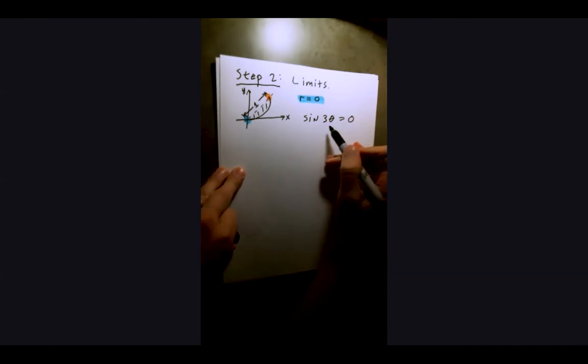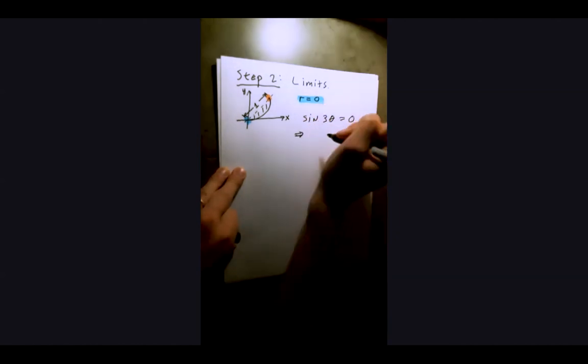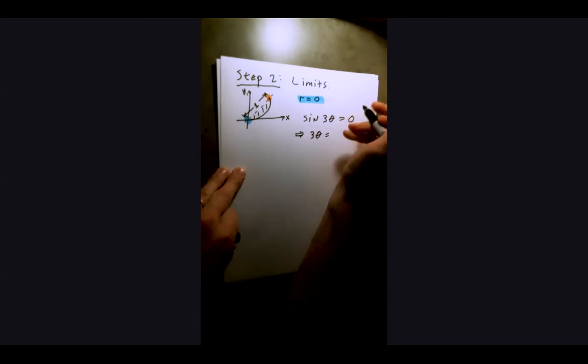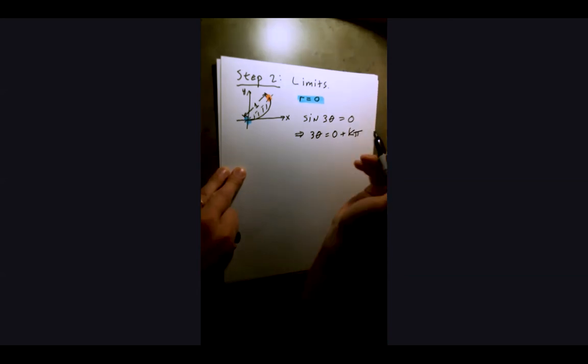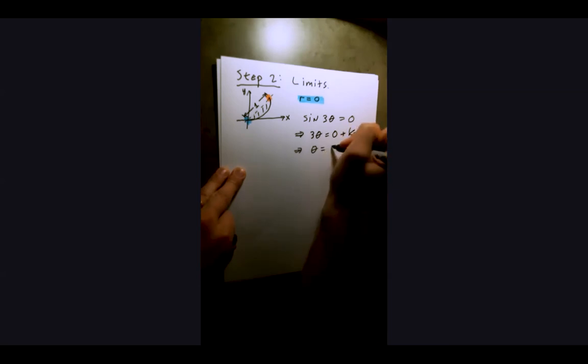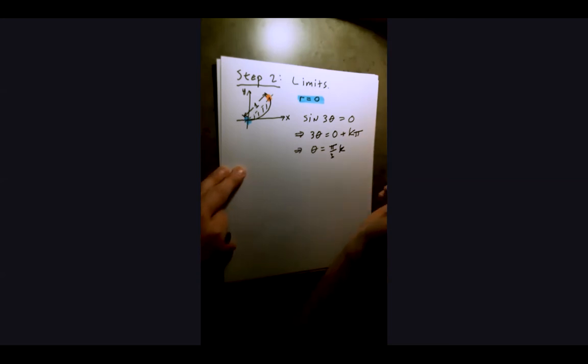And so we know that sine itself would be 0 at 0 and pi and 2 pi and 3 pi, et cetera, et cetera. So this tells us that 3 theta is equal to 0 plus k pi, or theta equals pi over 3 times k, or k times pi over 3.